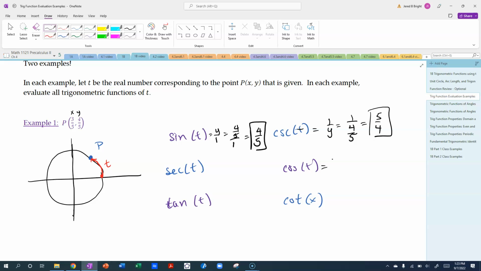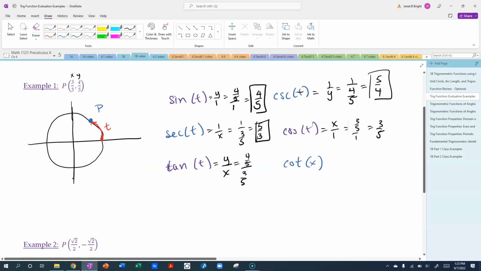Cosine is x over 1. So 3/5 over 1, or 3/5. Secant is 1 over x, so 1 over 3/5, which is 5/3. Tangent is the ratio of the y-coordinate to the x-coordinate in point P, so we get 4/5 divided by 3/5.